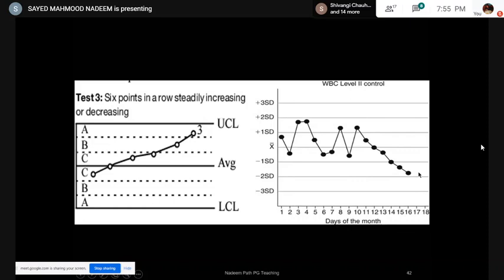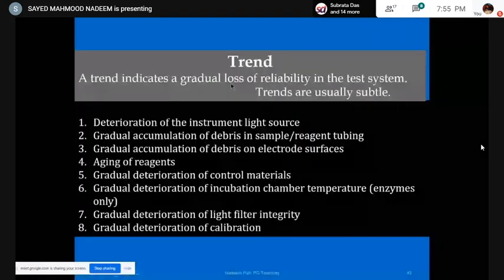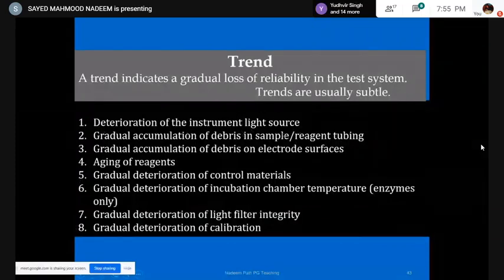If you get a trend, you have to look at these 8 points in your system and try to correct any one of them. Deterioration of the instrument light source. So the light refraction is slowly and slowly becoming lesser and lesser. So OD generation is less. So you are getting a low value compared to the original value.